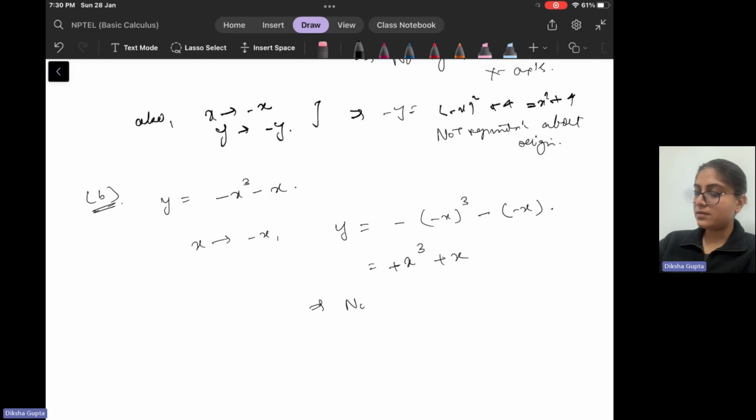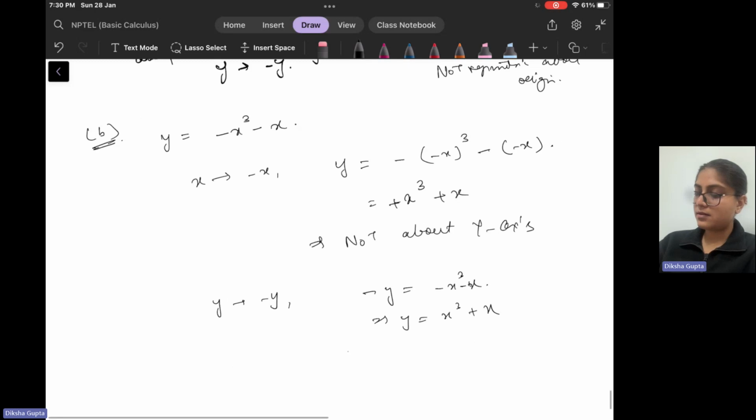So not the same equation, not about the y-axis. Y replaced by minus y gives minus y equals minus x cube minus x, where y equals x cube plus x. Not giving the same equation, so not about the x-axis.